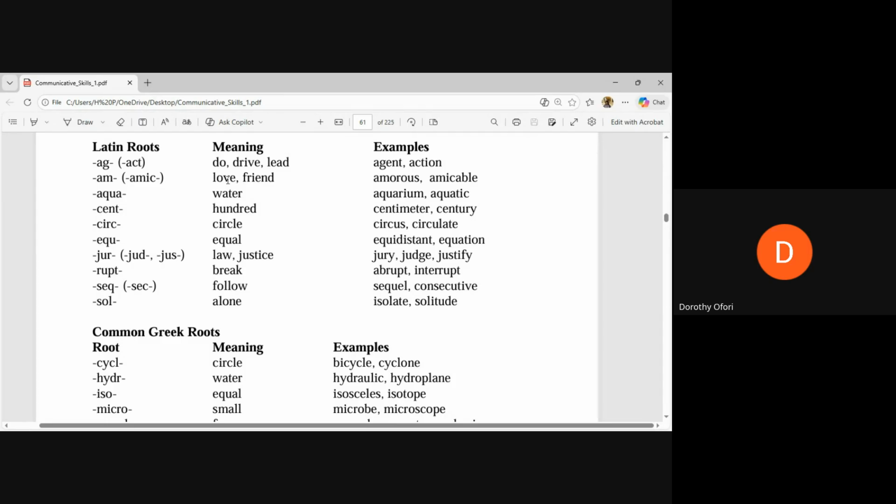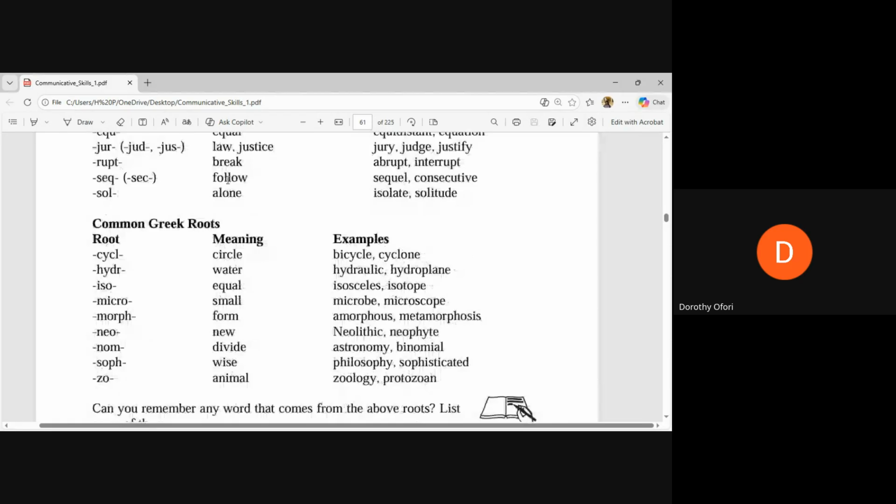When you break them into two like this, it might help you to understand. But because we do not know a lot of Latin root words, it might not be helpful when you are writing exams. But when you want to just go through words and understand, I think this part is okay.